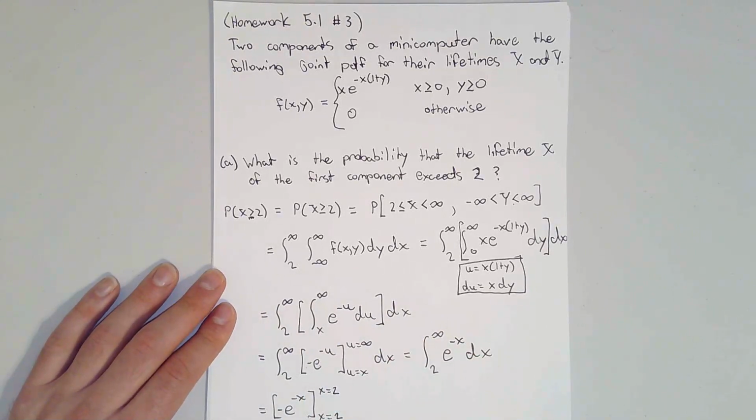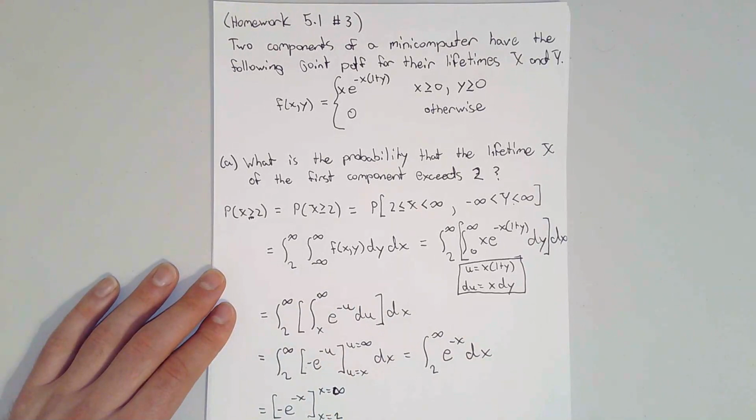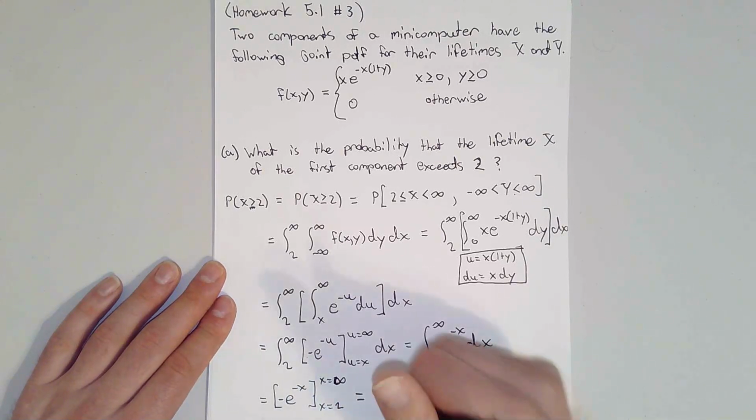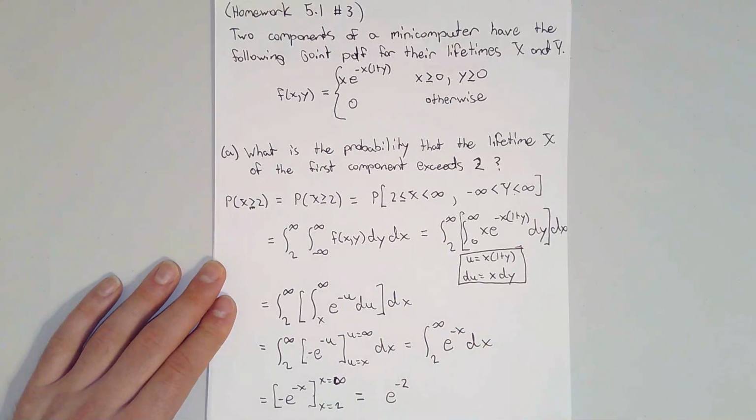Evaluating this integral, we get x equal to 2 to x equal to infinity. And as we saw in the last expression, we get the same expression. As x goes to infinity, this term goes to 0, yielding e to the negative 2 when doing this difference.